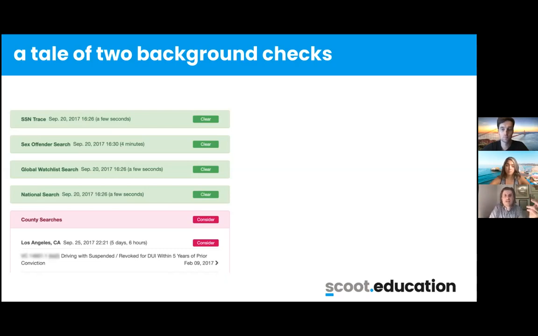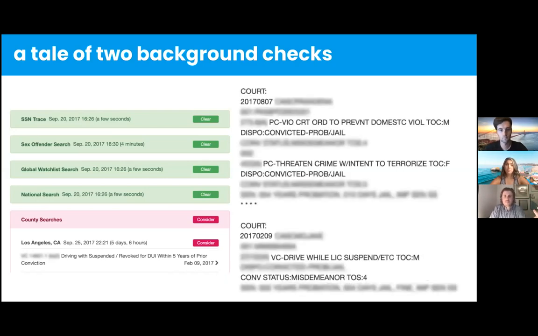On the left here, you can see the results of a criminal background check that anyone can go online and do. You don't need any special permission. You can see this person has been through the sex offender list, the global watch list, etc. And they had one incident come up on their county search, which was driving with a suspended license. Something that you probably want to be aware of and consider.